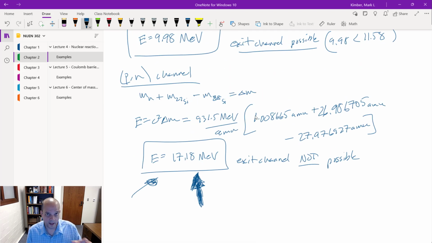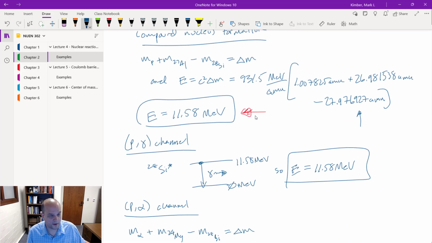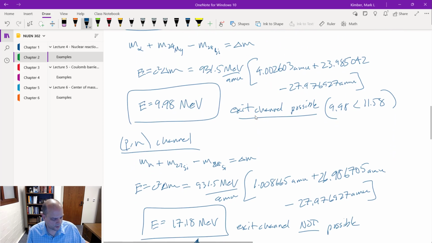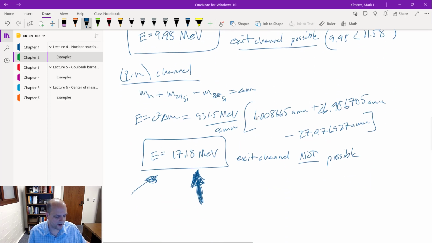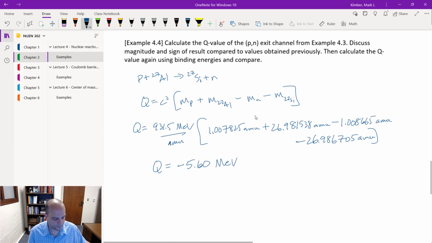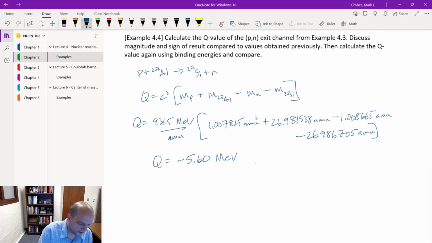But we started that analysis with 11 and some change, 11.58 to be exact. That's what we started with, and we're saying here we need 17.18. So the question is, how short are we? And if you take those two numbers and subtract them, 11.58 minus 17.18, and guess what you get? You get negative 5.6. And so if we take 11.58 minus 17.18 MeV.